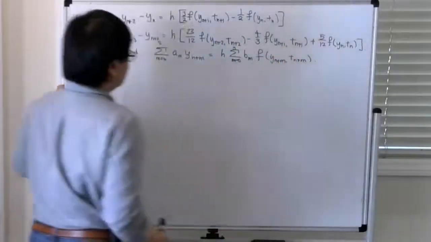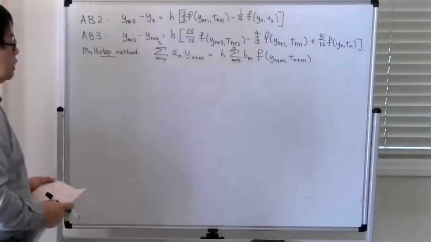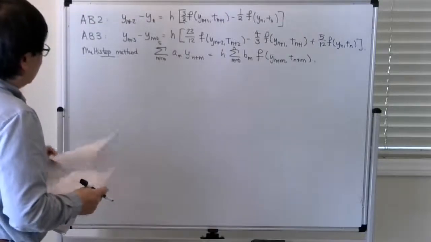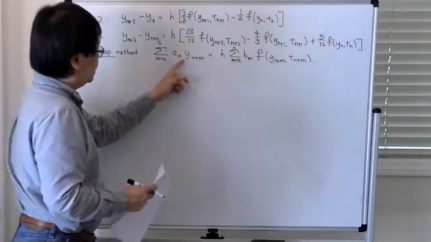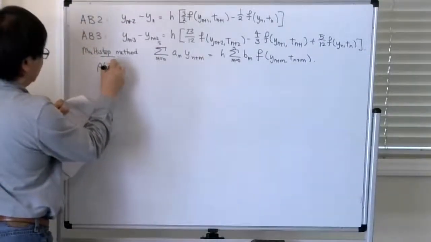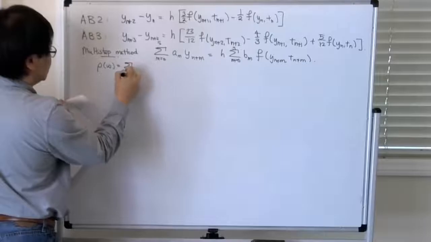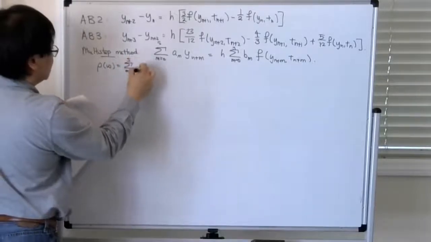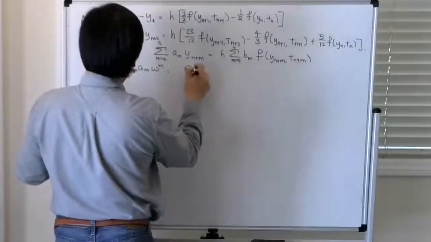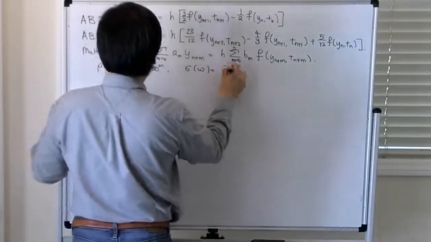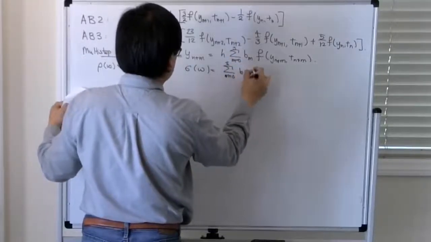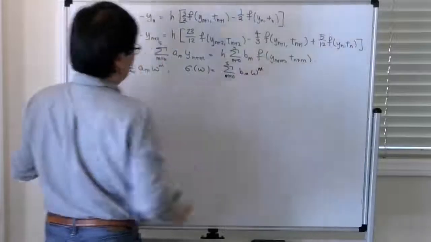All right, and as you recall, there are two characteristic polynomials which are associated with the a_m and b_m coefficients. There is rho of w, which is expressed in terms of the a_m coefficients, and then there's sigma, which is expressed in terms of the b_m coefficients.